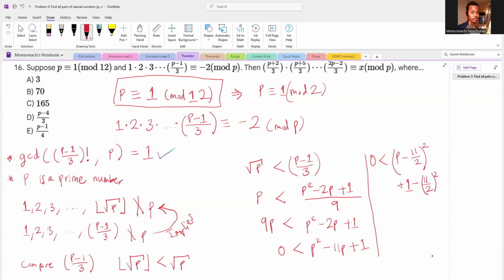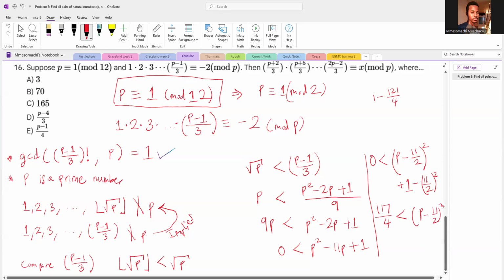This is going to be 1 minus 121 over 4, so this is going to be 117 divided by 4 to be less than (P minus 11 over 2) squared. 117 divided by 4 is about 29.25. We want this to be less than (P minus 11 over 2) squared.